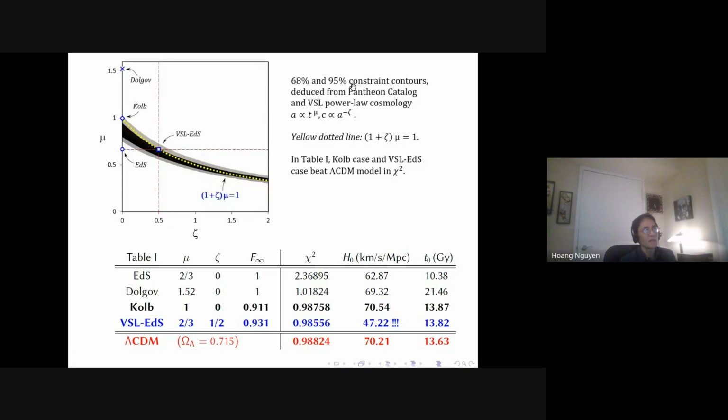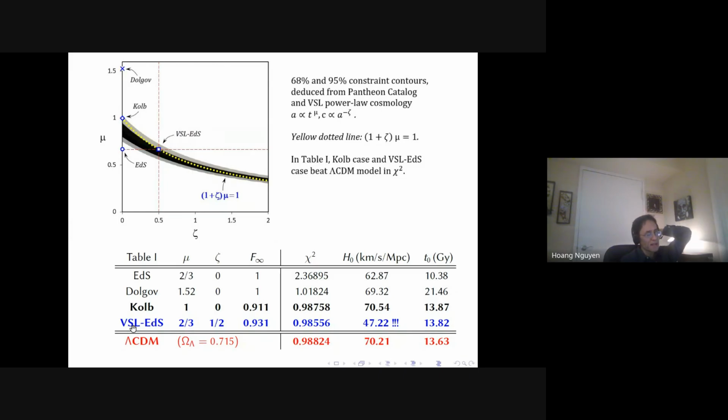The black band is the 68% confidence level, and the gray bands are for the 95% confidence level. And for this power law cosmology, the yellow dotted line is this form, 1 plus zeta mu equal to 1. So that is decay like this along that line. I'm blocking the 4 cases.